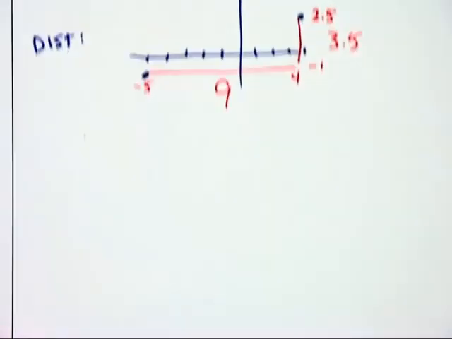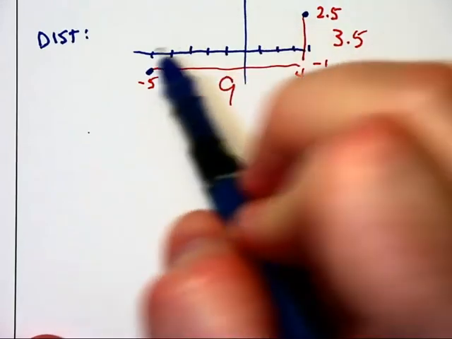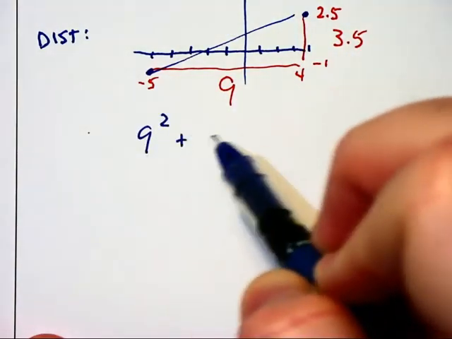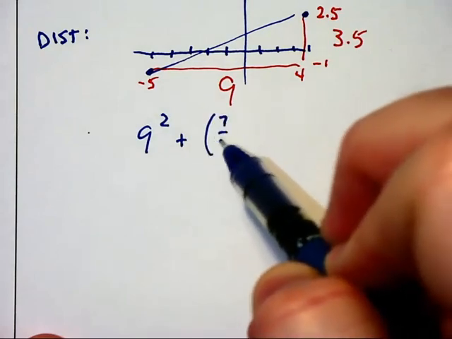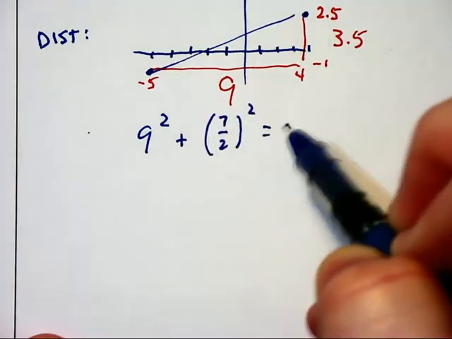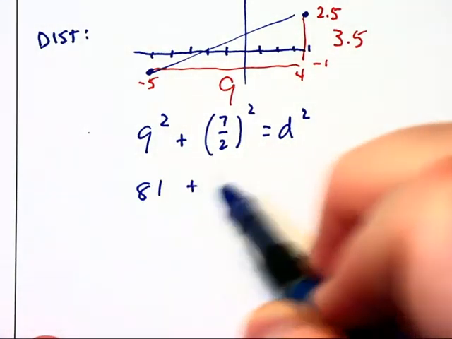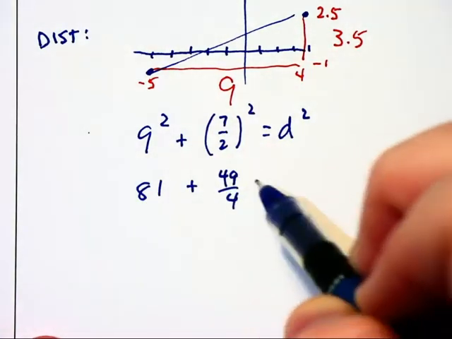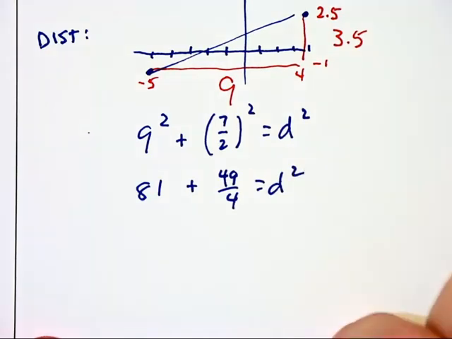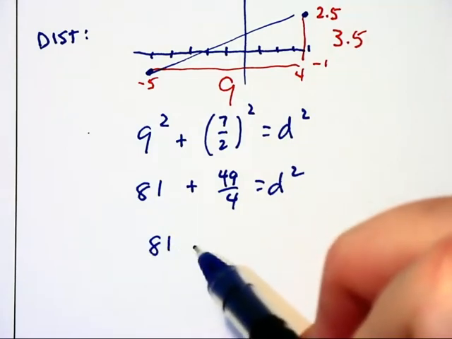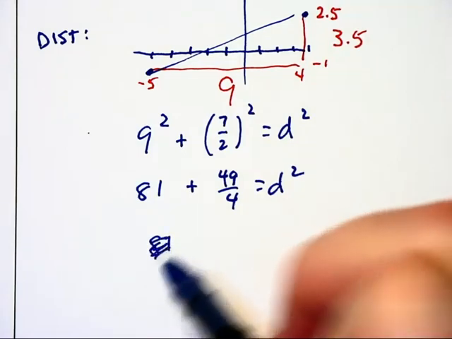So let's take a look at this with the Pythagorean theorem. I'm going to have 9 squared plus 3.5, or 7 halves squared, is equal to d squared. That becomes 81 plus 49 over 4 is d squared. And basically, what do I have? I've got 81. Well, let's put this over a common denominator of 4.